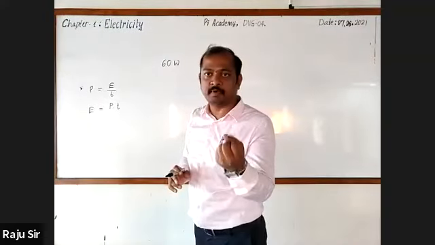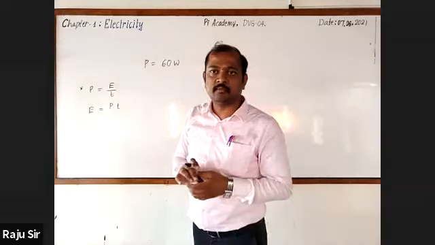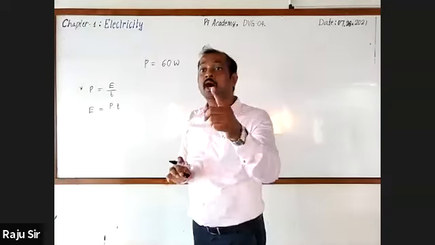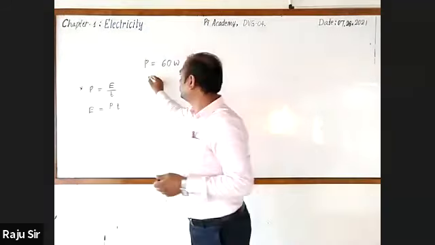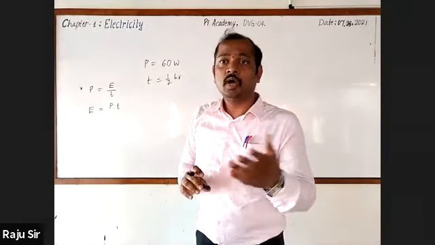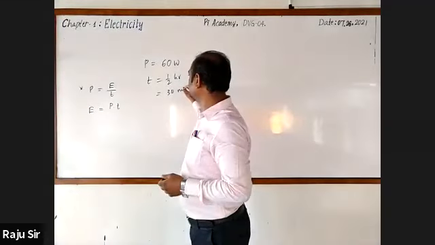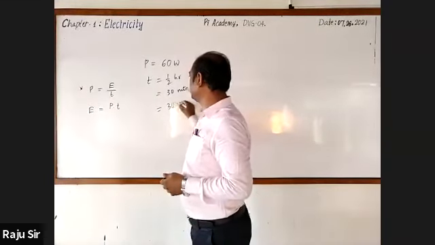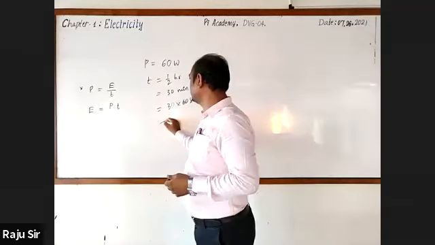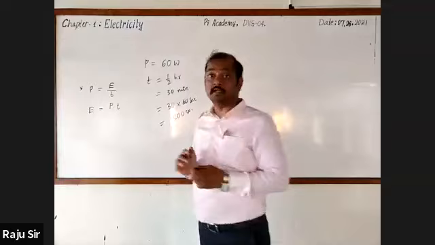It is its power, and you are using this 60 watt bulb for half an hour. That is, time T is half an hour. Half an hour means it is 30 minutes. In seconds, it will be 30 into 60 seconds. It's equal to 1800 seconds.